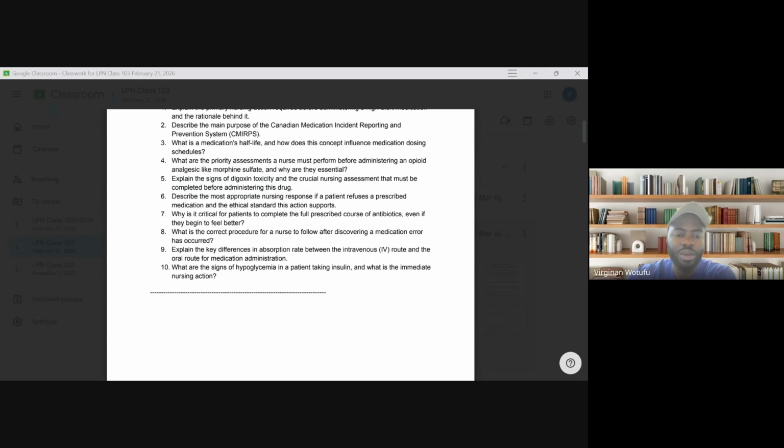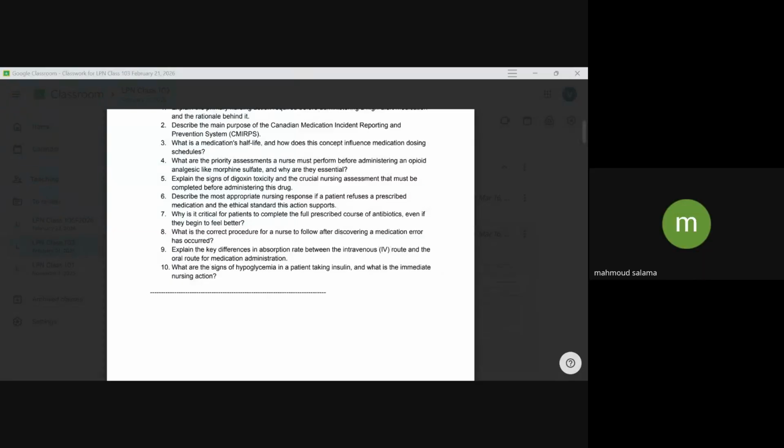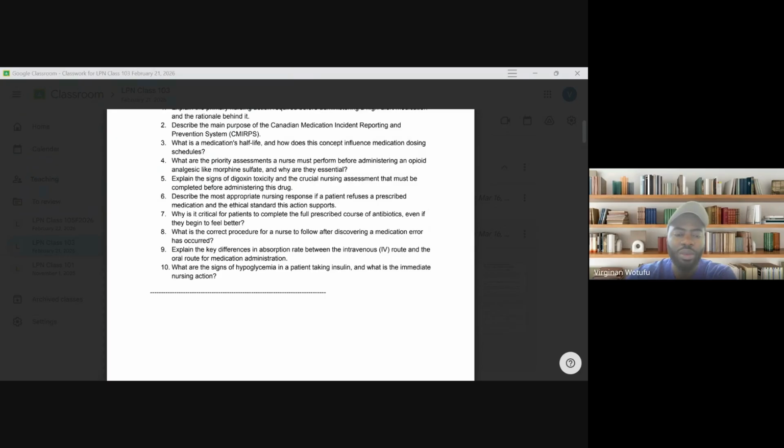Question 7: why is it critical for patients to complete the full prescribed course of antibiotics even if they begin to feel better? Because it should be a continuous course to prevent the recurrence of the infection. Okay, that's a good point, to prevent the recurrence of an infection and as well to prevent antibiotic resistance, correct?